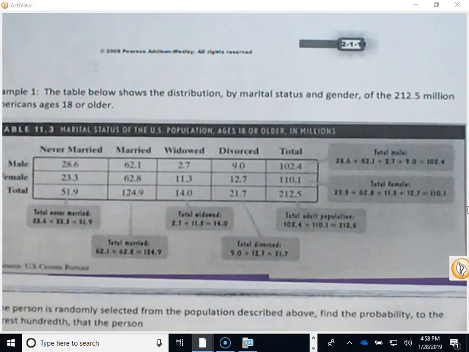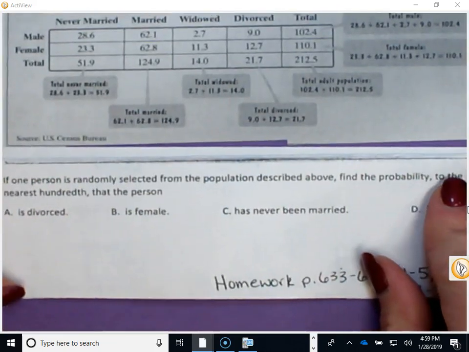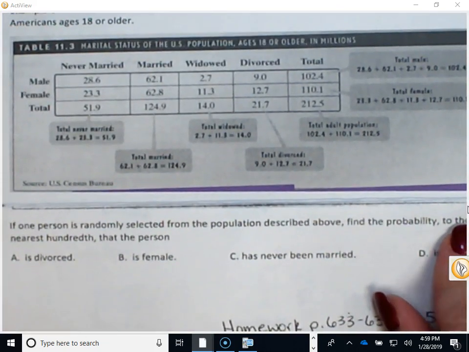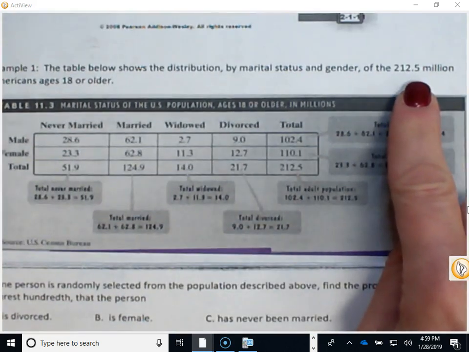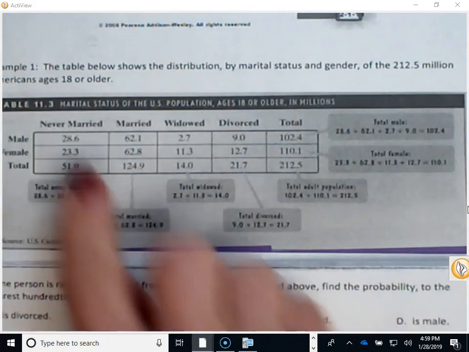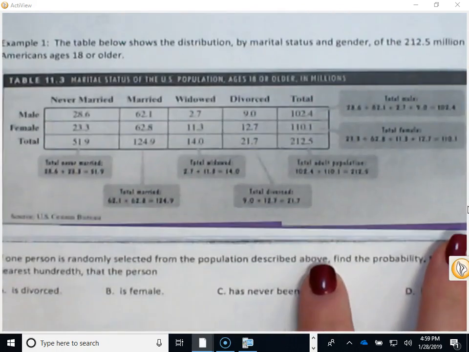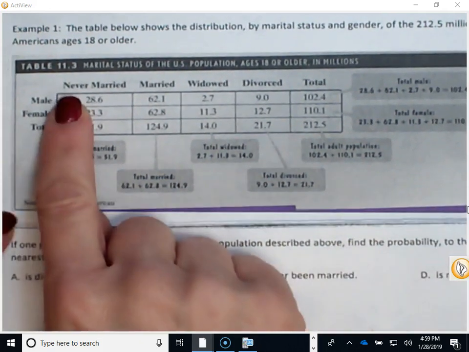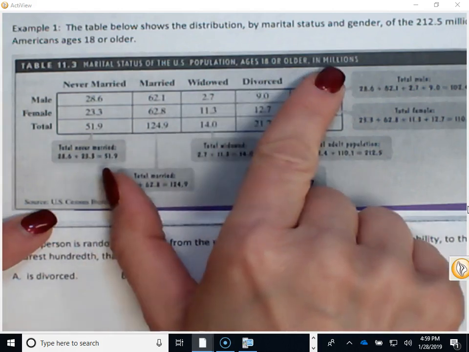So here's the actual problems it's asking. So they told us that there's 212.5 million Americans ages 18 or older. So this is who they did this experiment with. You can read the table here, it says marital status of U.S. population ages 18 or older in the millions.